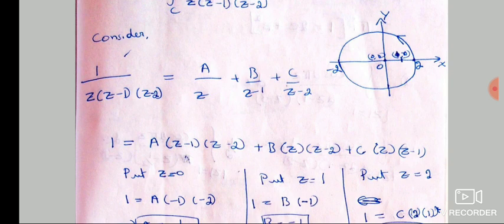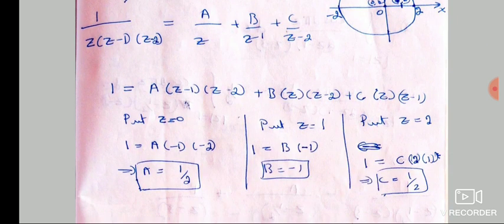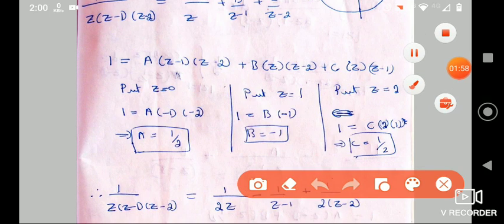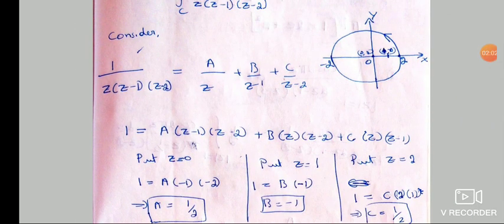So multiply the whole equation by z into z minus 1 into z minus 2. On the left hand side you will get 1, and on the right hand side, in the first term the z cancels, in the second term z minus 1 cancels, and in the third term z minus 2 cancels.